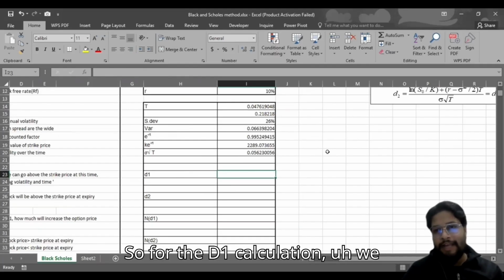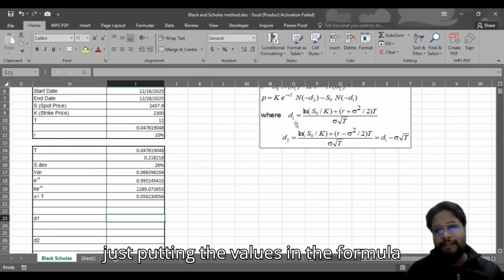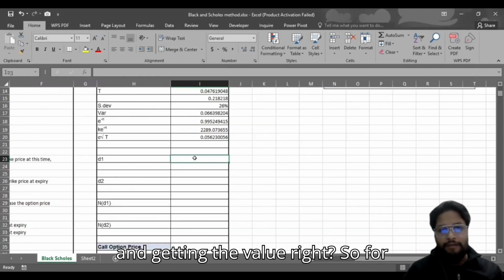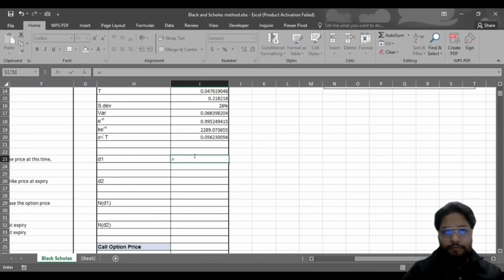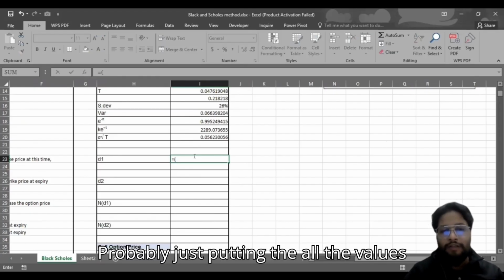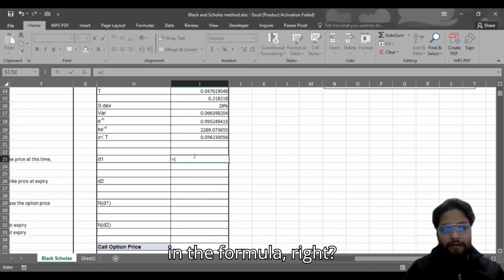For the D1 calculation, we just put the values in the formula and get the value.